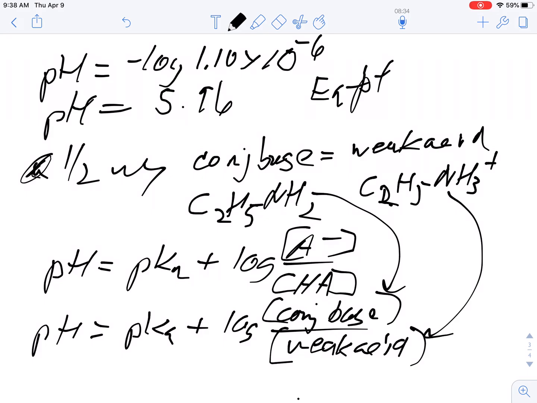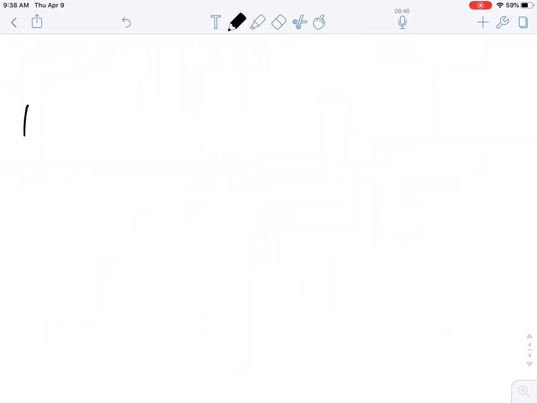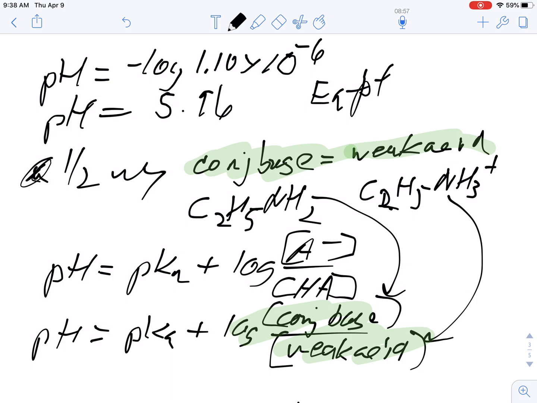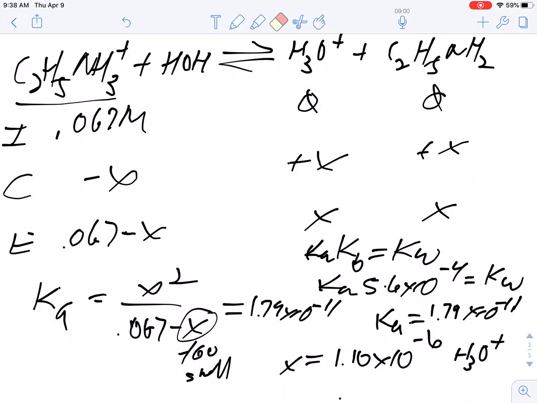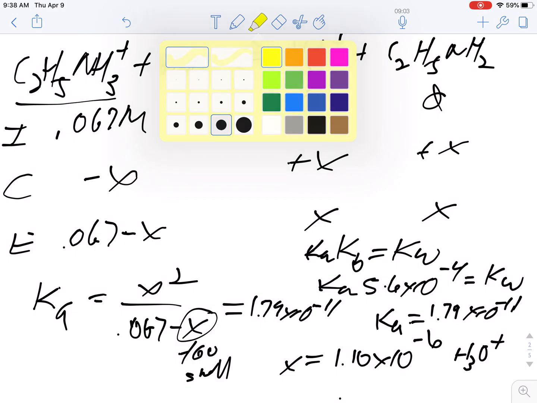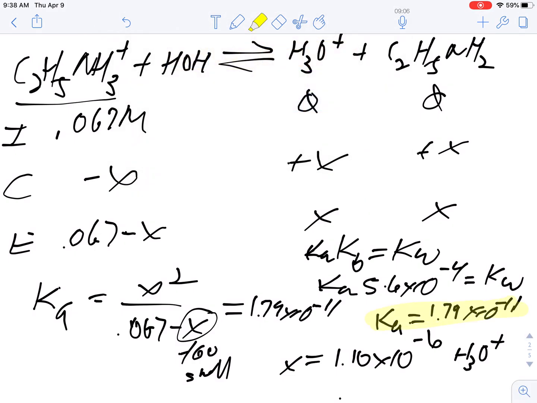Now, because they're equal, we know that this is going to be taking the log of 1, and the pH will be the pKa. So we know the Ka, and again, this is where we label stuff. Make sure you use the Ka and not the Kb, because we have to calculate the Ka. If we go back up here, here's the Ka. They gave us the Kb, but we want to use the Ka.